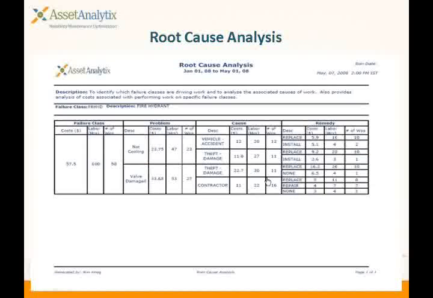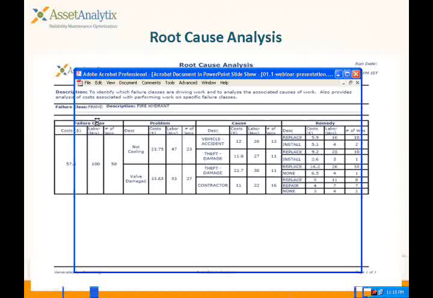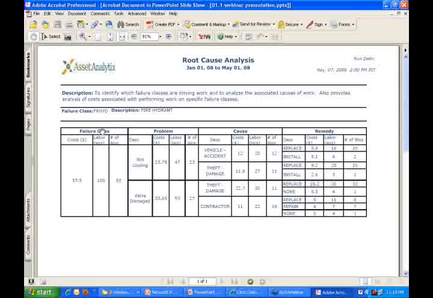This is another example of a root cause analysis, and this is done by cost alone. So this is done for a particular asset class. The idea is to identify the failure class here, and then it is showing what the problem was, what the cause is, and whatever the money was spent on that particular failure class or code.